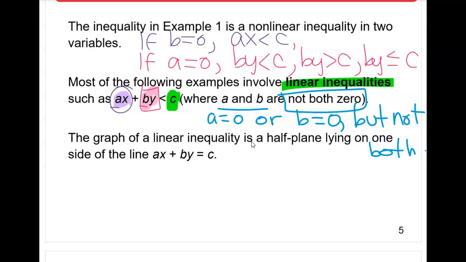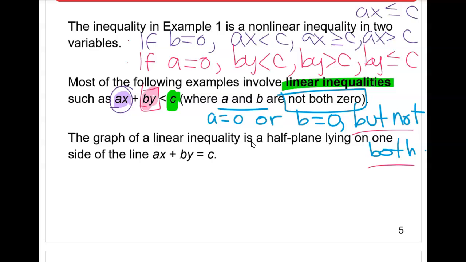Same with this one, we could have ax greater than or equal to c, or ax greater than c, and then I'm missing one, ax less than or equal to c. Okay, and here I'm missing b. Remember, a is a number, b is a number, c is a number. So it's okay to have one of them being 0, but not both at the same time. Not both.